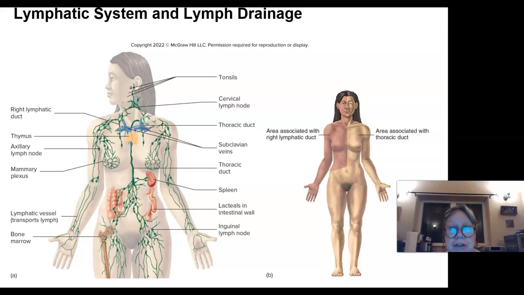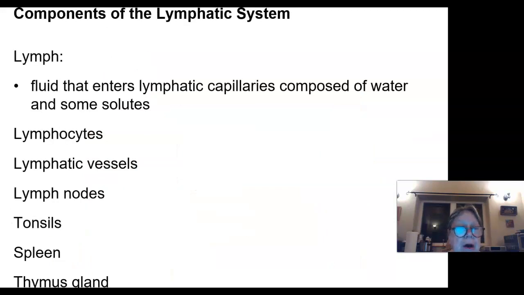Here's a picture of the lymph system. And you can see it's throughout the whole body. We also talked about the lymph system when we did the blood circulatory system. So you have the lymph, the lymphocytes, the vessels, the nodes.